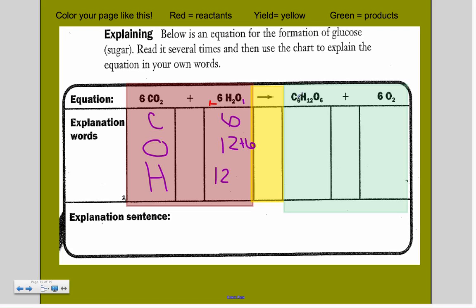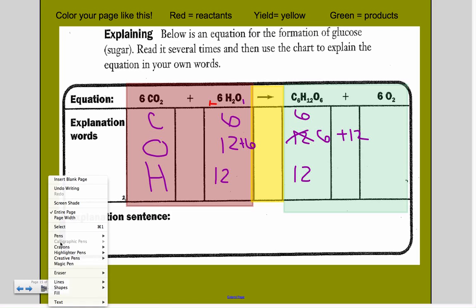So then I come over here, and carbon I have 6. Hydrogen I have 12. Oxygen I have, ooh, see, that's why we have to look. Come back down here to hydrogen, 12. There we go. And then oxygen now, I have 6, and then plus my 12.